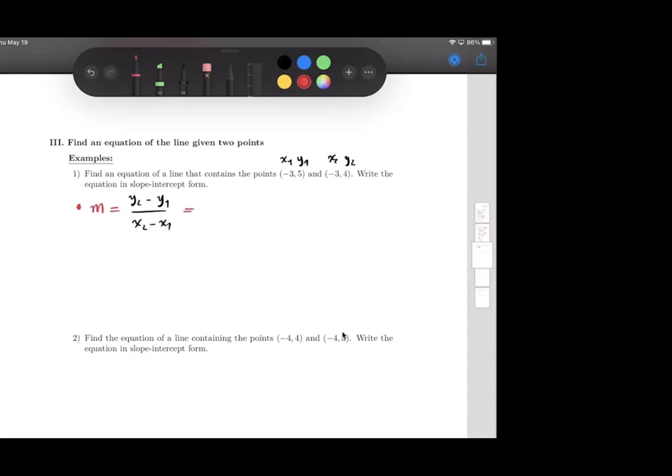If I was you, I'd write parenthesis minus parenthesis over parenthesis minus parenthesis, and then plug in the numbers. So I have y2 is 4, y1 is 5, x2 is -3, x1 is -3 as well.